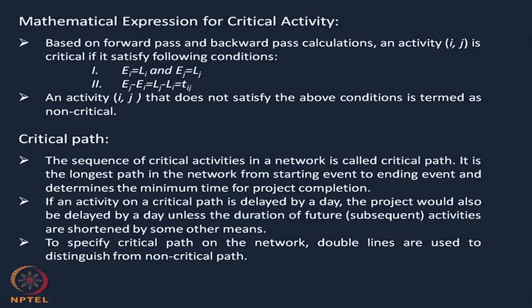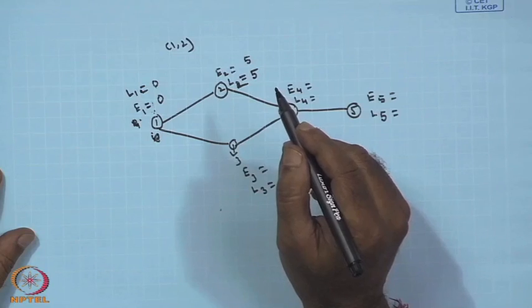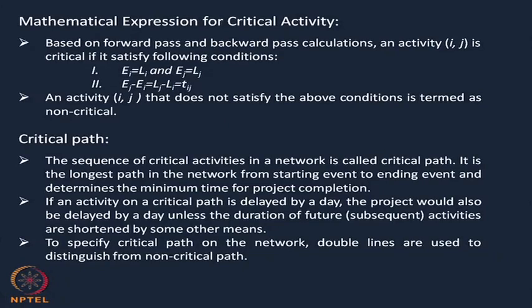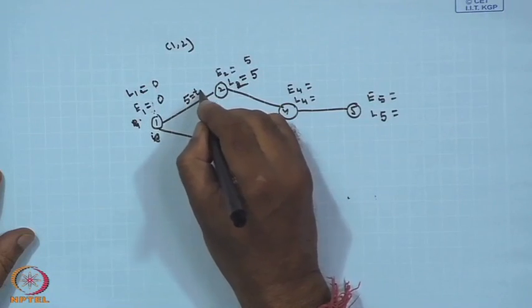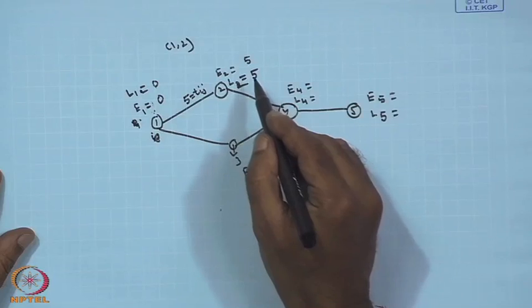Point number 2 is if Ej minus Ei equals Lj minus Li equals Tij. Suppose for this activity Tij equals 5. What is Ej minus Ei?